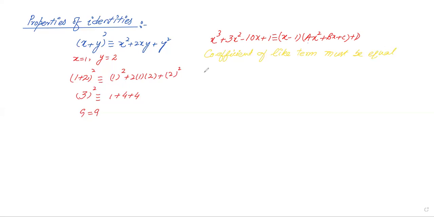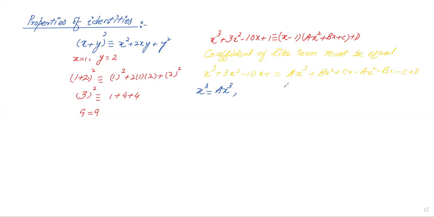So if we have x cubed plus 3x squared minus 10x plus 1 is equal to, when I expand this one, I will get ax cubed plus bx squared plus cx minus ax squared minus bx minus c plus d. So the coefficients of like terms must be equal. What's the meaning of this one? The coefficient of x cubed will be equal to a. That is the first one.